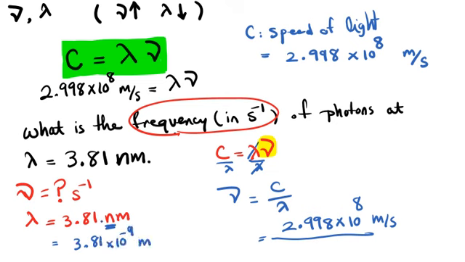You just need to convert the word version of this SI prefix nano to 10 to negative 9. So I'm going to write 3.81 times 10 to negative 9 meter. Meter and meter cancel out, so the only thing that remains is per second, or s to the negative 1.